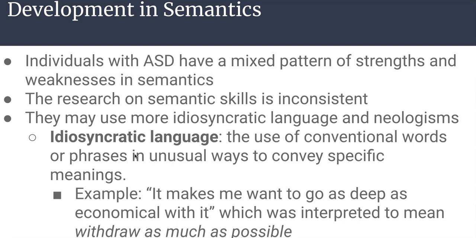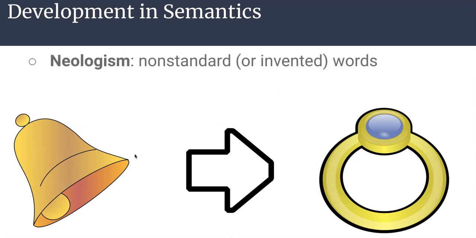An example that your book used was, "it makes me want to go as deep as economical with it," which was interpreted to mean withdraw as much as possible. So they are making up their own language, using conventional words in unusual ways.